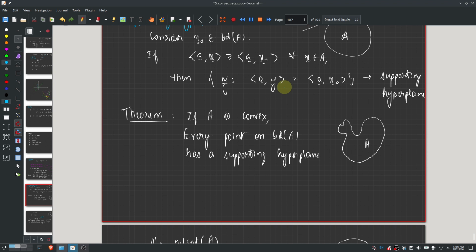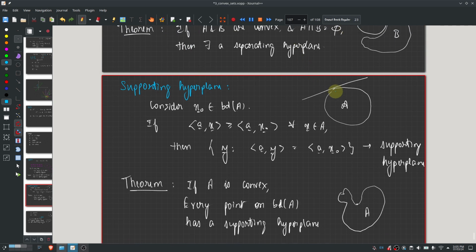Yeah, I get a convex set, but which set in particular? So suppose I take this particular A. For every point on the boundary, I have a supporting hyperplane. So for this supporting hyperplane, I consider this half space, the half space that contains A, right?